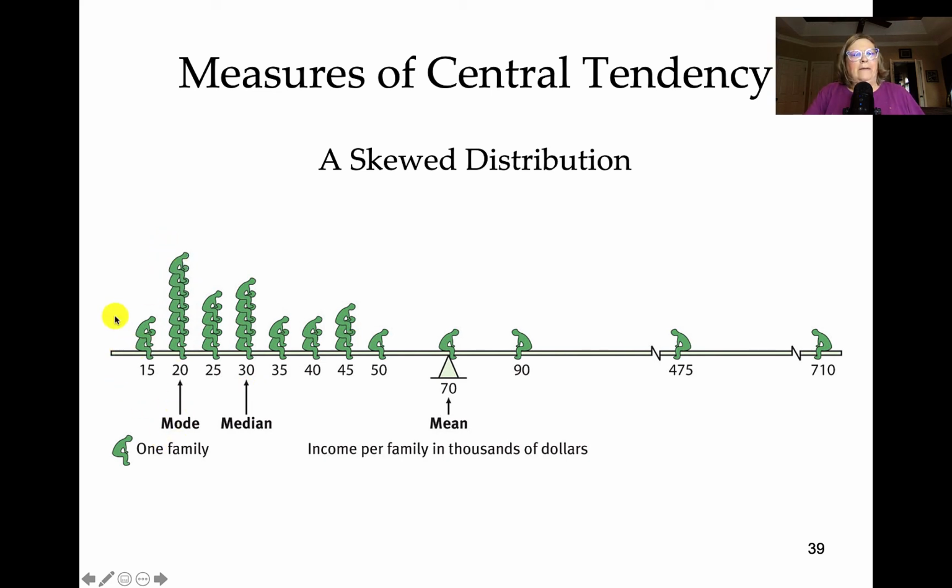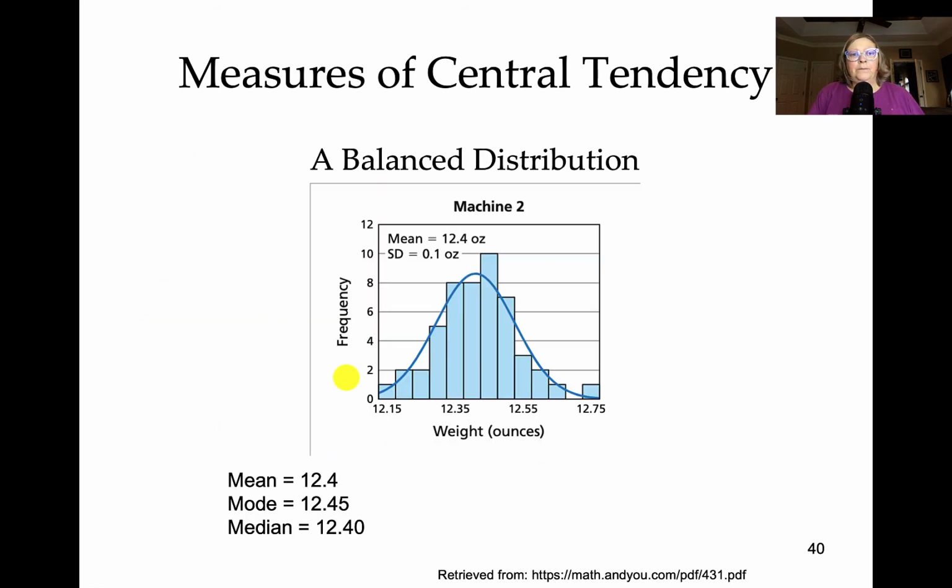So it's very unbalanced. And the reason the mean is so high is because we have these big numbers out here at 475,000 and 710,000. Making an equal weight, which is what the average does, is really offset by those high numbers versus the low numbers. So this is what's called a skewed distribution. It's just not evenly balanced.